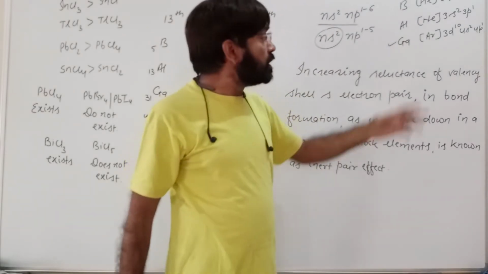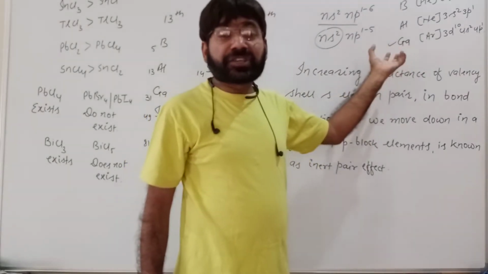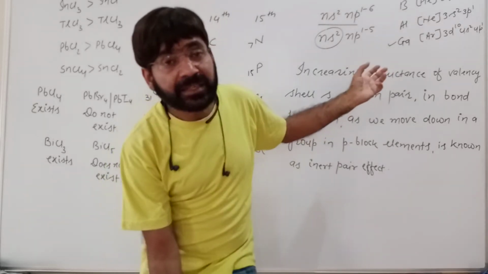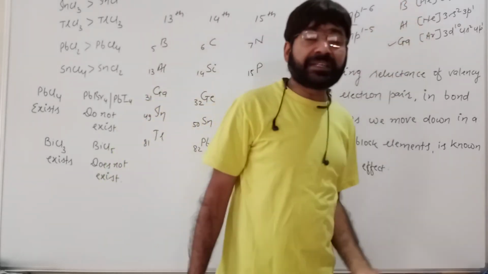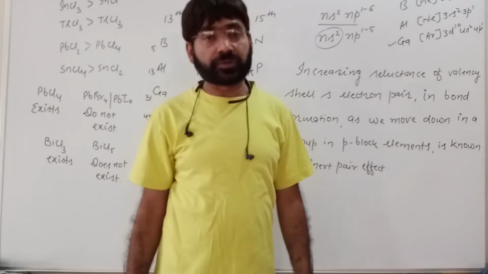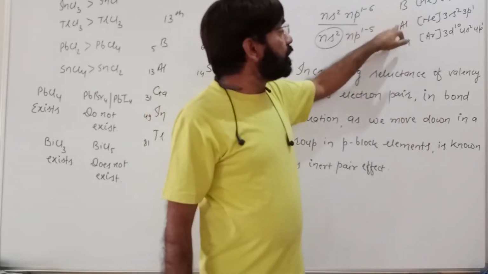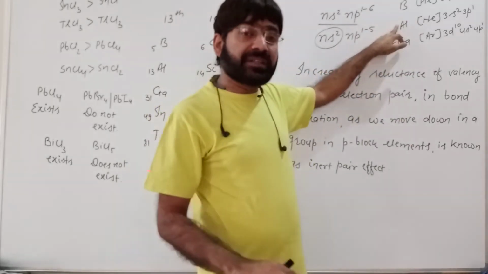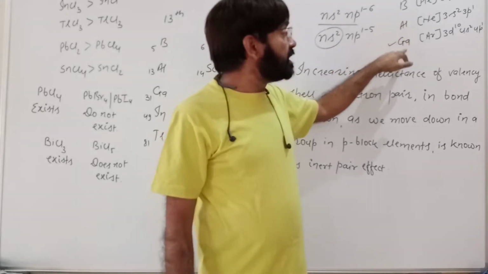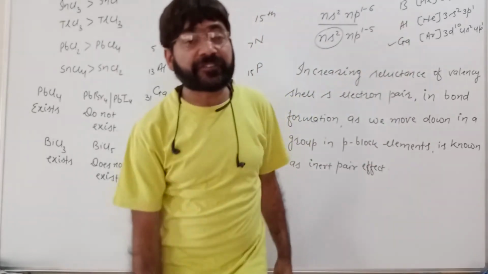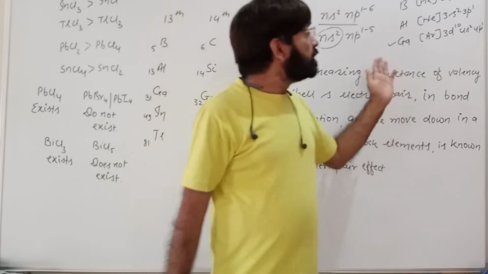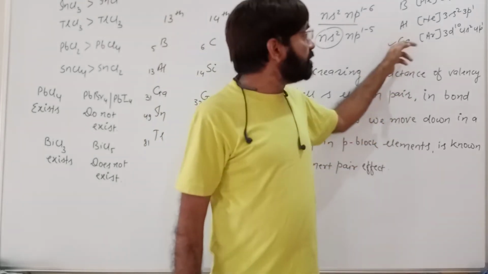It is because of what? We say there is quite a shrinking in the size of the atom, or we say the percentage increase in size decreases as we move down in a group. From boron to aluminium, size increased as expected. But in gallium, indium and other elements, we find there is an increase in size, though gallium is smaller than aluminium.